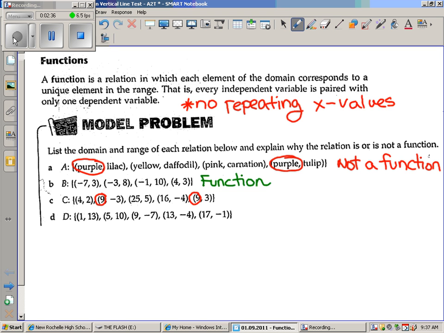I'm doing this in case anybody watches it later or is absent, like Ulda and Joe. They can watch. And what about that last one? Is it a function or not? It is a function. This guy right here is a function.